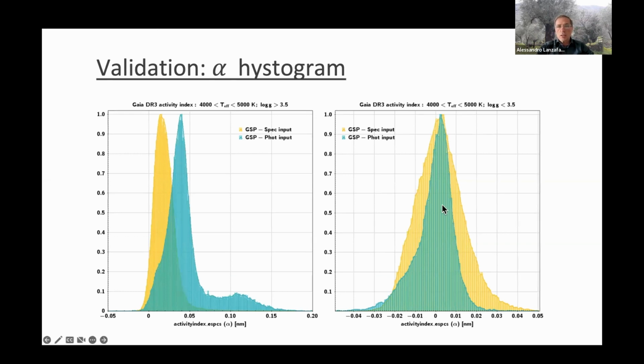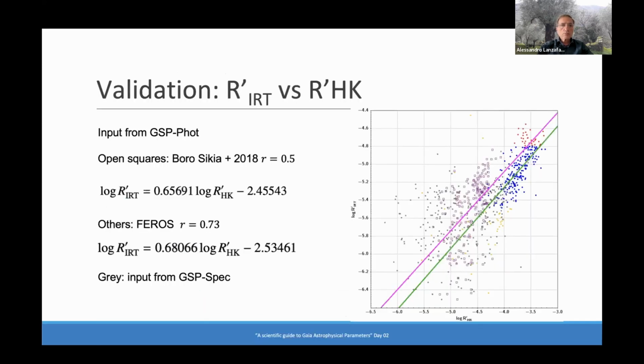So you see here the distribution around 0 is quite nice, and this gives essentially an idea of an upper limit for the uncertainty we have in the activity index alpha we provided.